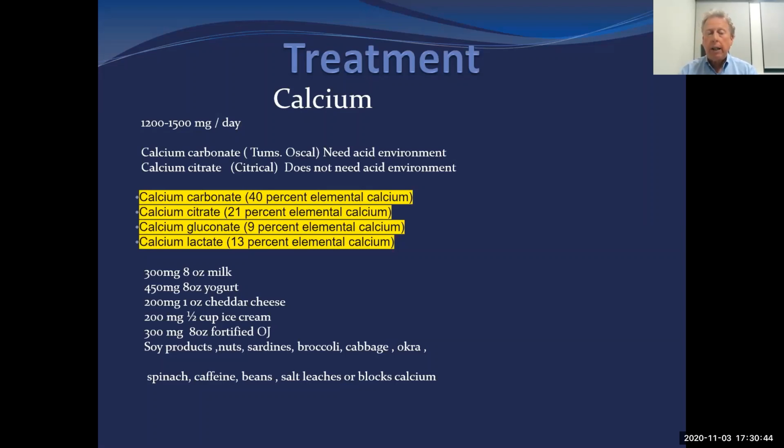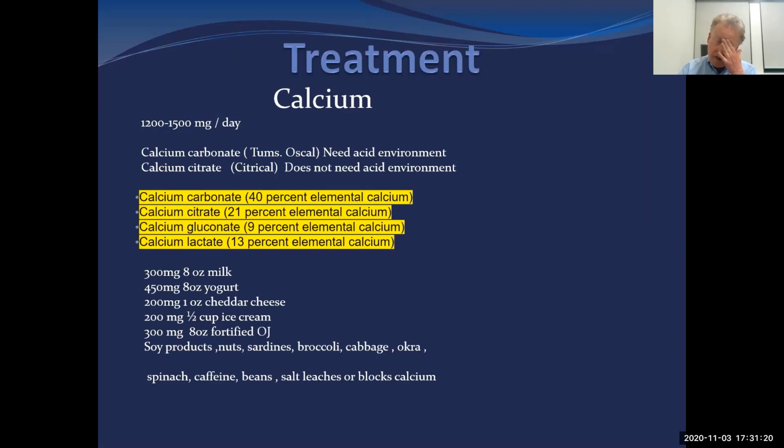Well, calcium citrate, although it doesn't have as much calcium in it, doesn't need that acid to be absorbed. As you see in the next comparison, calcium carbonate is 40% calcium and calcium citrate is 21%. Calcium gluconate and calcium lactate are not very commonly taken. Calcium citrate is only 21%, so it's half as much calcium as calcium carbonate. All calcium is best given around mealtime, especially calcium carbonate. So it's better to take it with a meal than on an empty stomach.